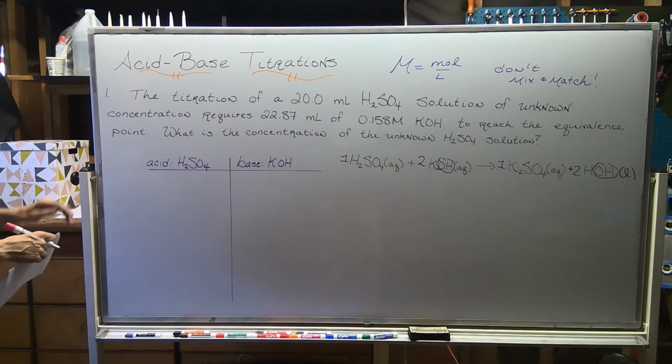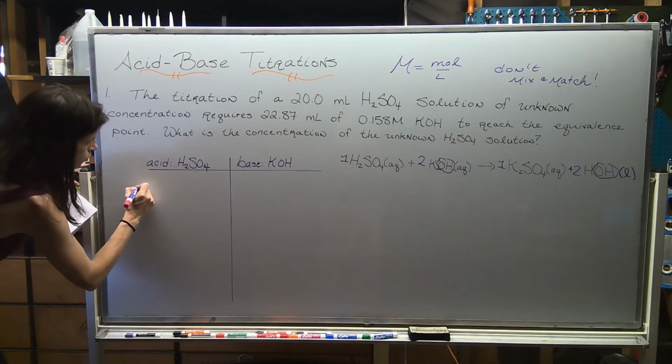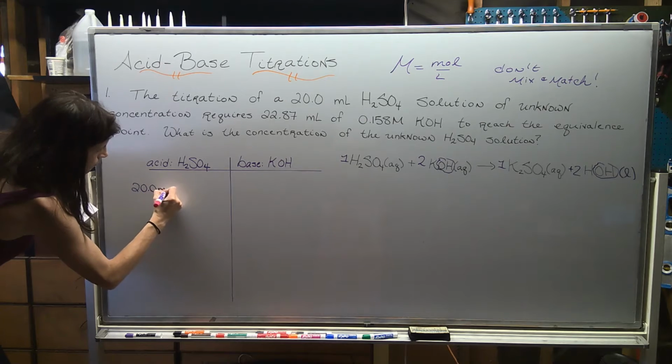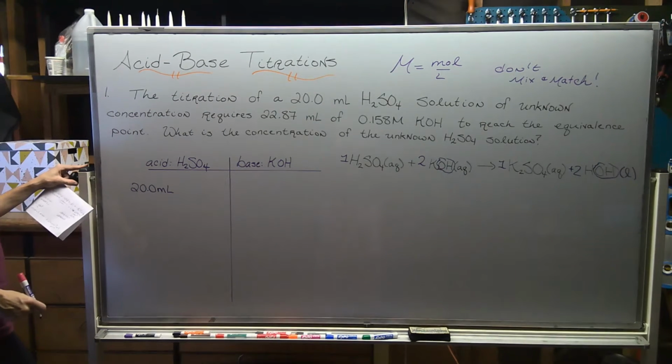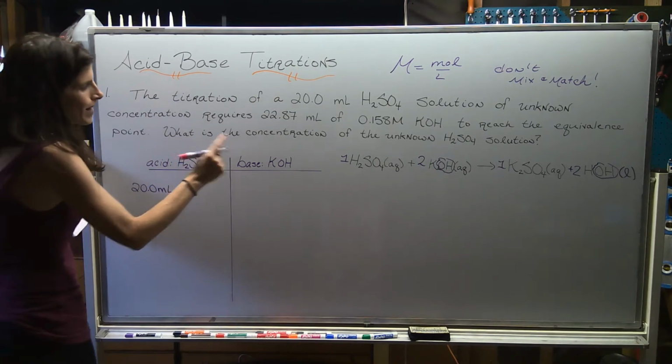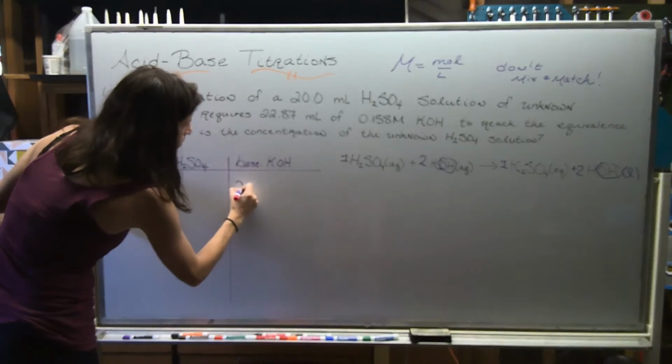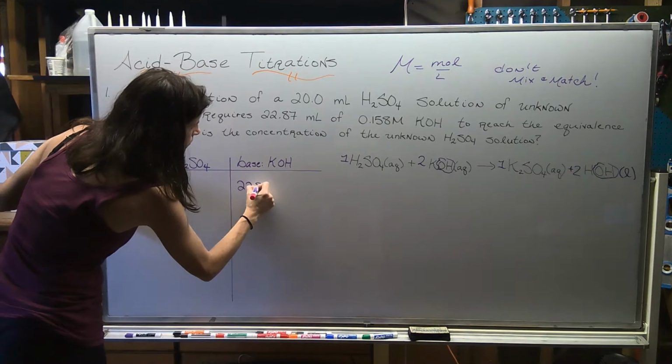The titration of 20 mL of the sulfuric acid solution. So over here I know I have 20 mL of H2SO4 requires 22.87 mL of 0.158 molar potassium hydroxide. I'll put that information over here.